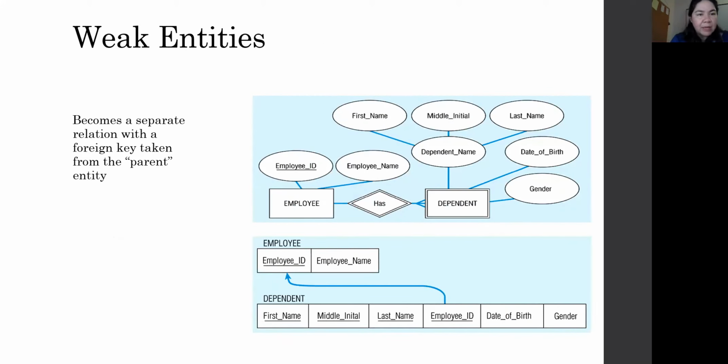Next, we have weak entities. Remember, these are a little awkward because a lot of times they don't have their own primary key for the dependent. So you can see here that the employee ID became a foreign key on the dependent, and then they combined the first, middle, and last name plus the employee ID.